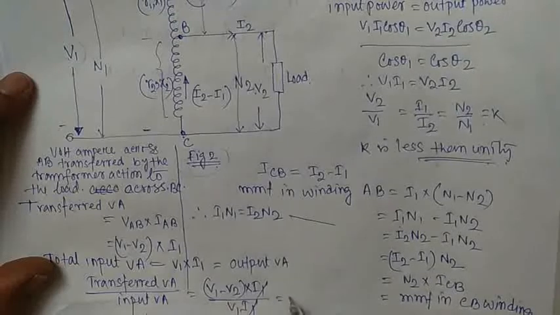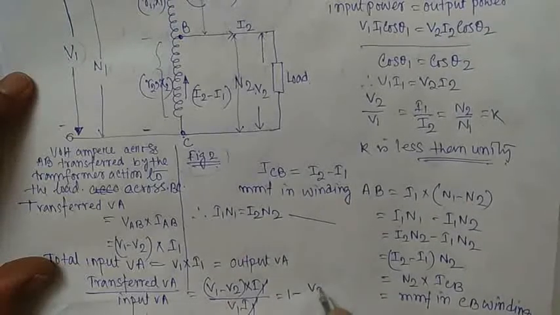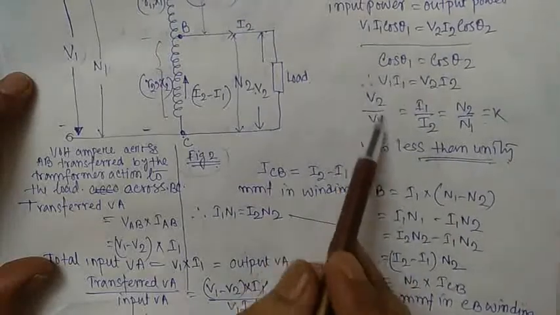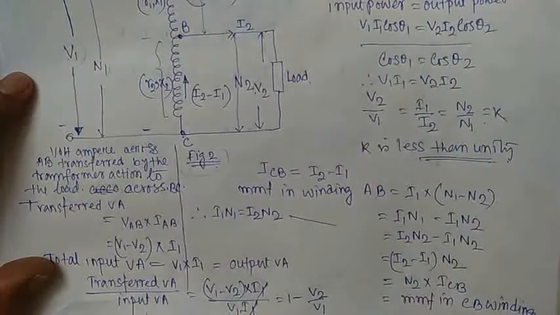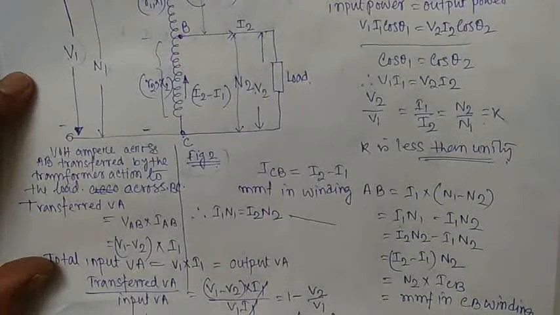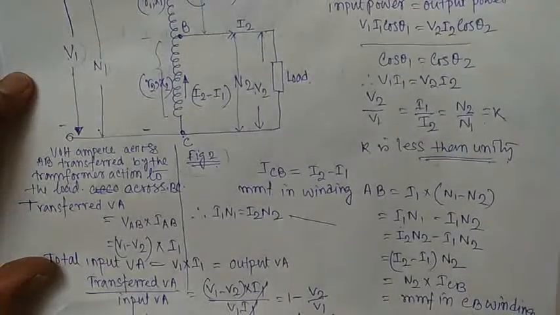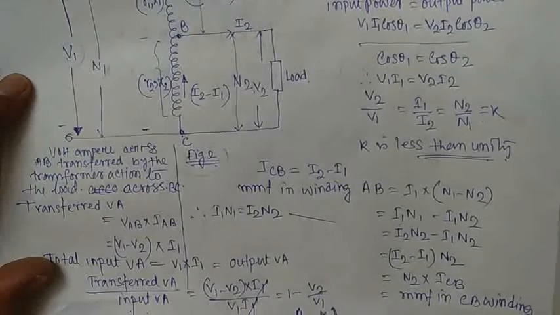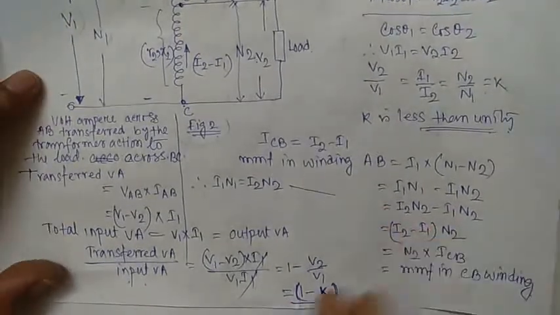I1 cancels out, so that is equal to 1 minus V2 by V1. So V2 by V1 is K, so we can write 1 minus K. Remember that equation: transfer VA divided by input VA is nothing but 1 minus K. Okay, remember that equation.